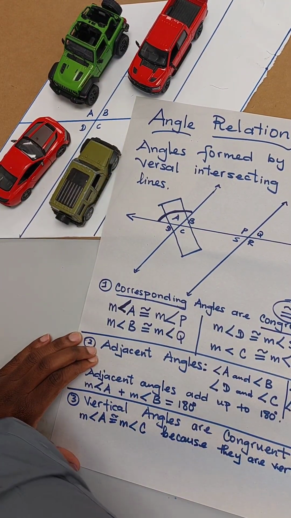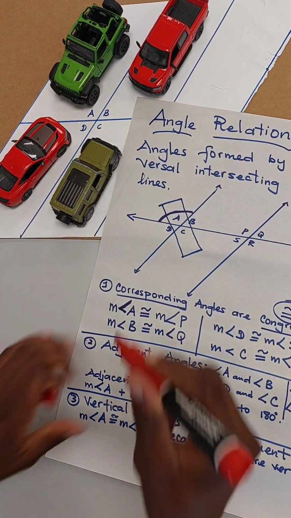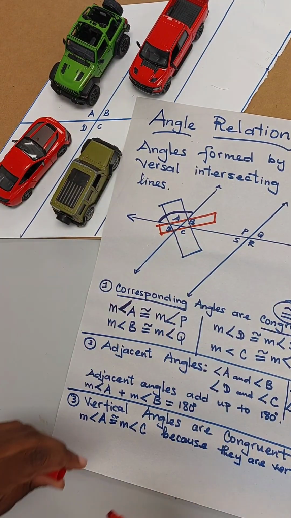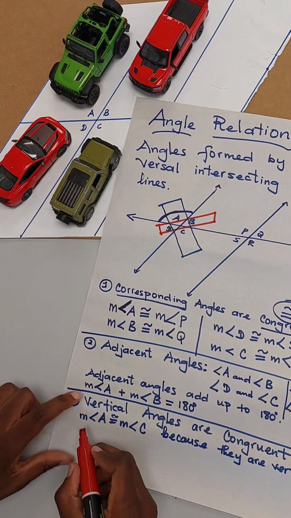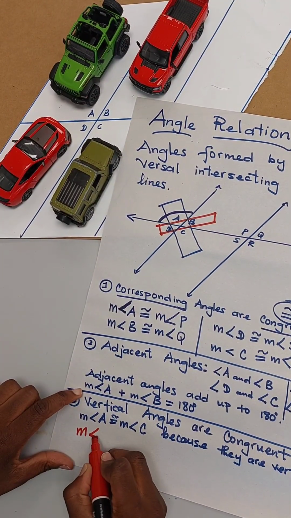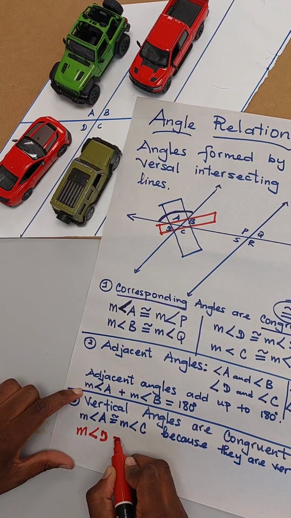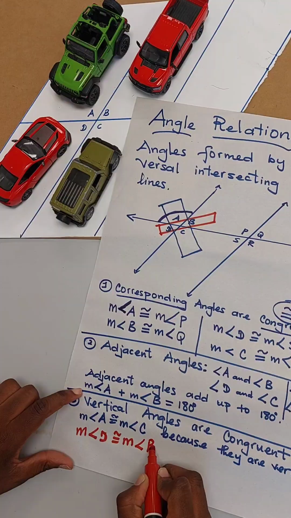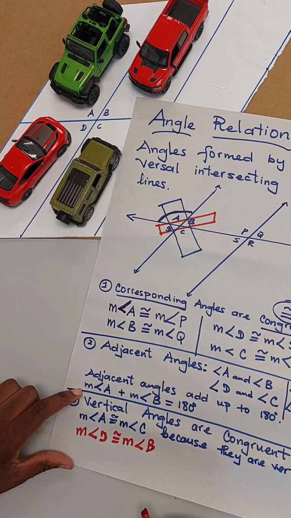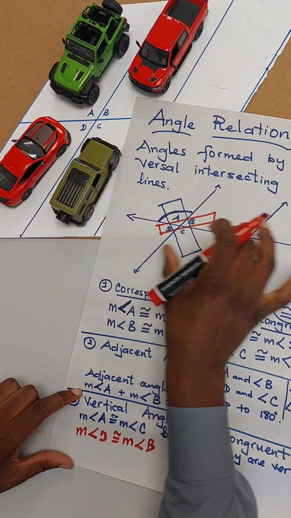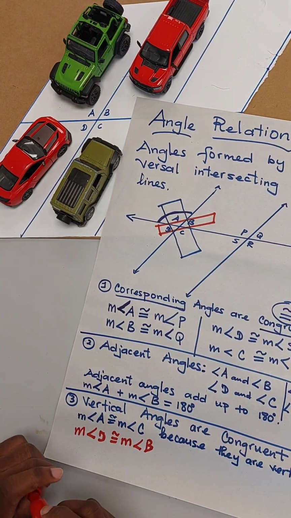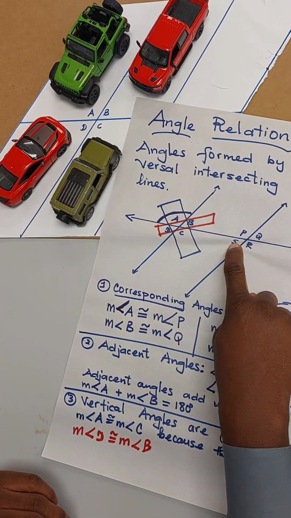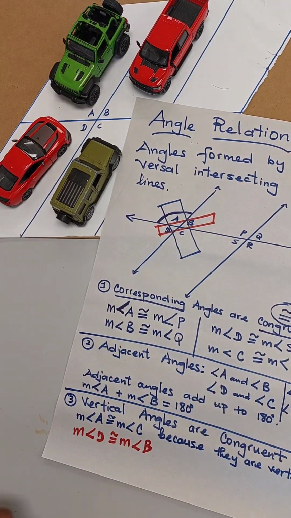We can also see that the angle D here is vertical to the angle B. So the measure of the angle D is congruent to the measure of the angle B because they are vertical. This same property can be applied to these other angles here, so that P and R have the same measure, S and Q have the same measure.